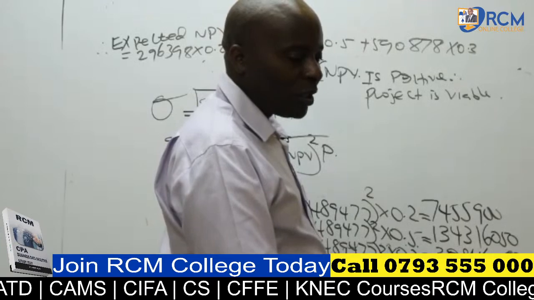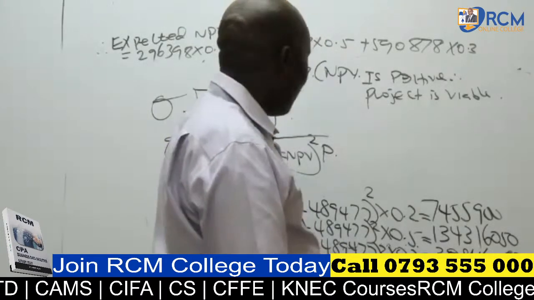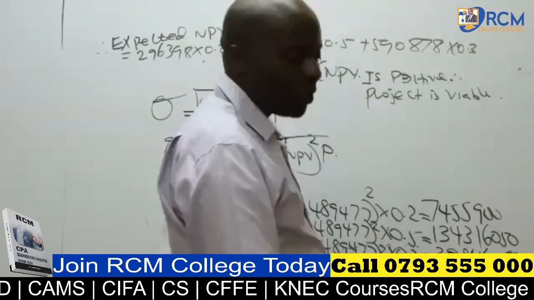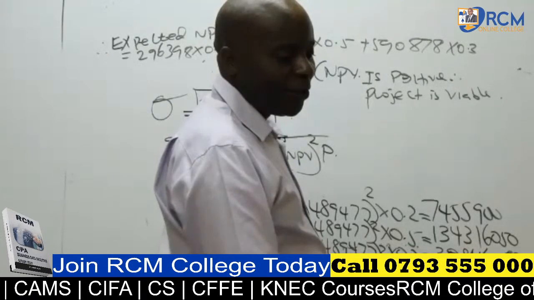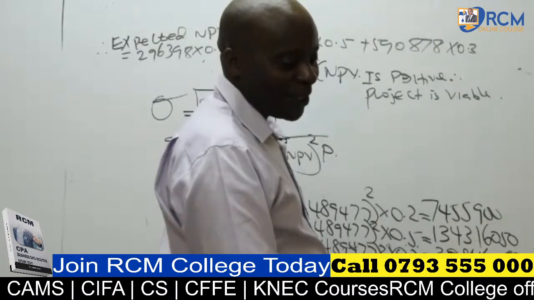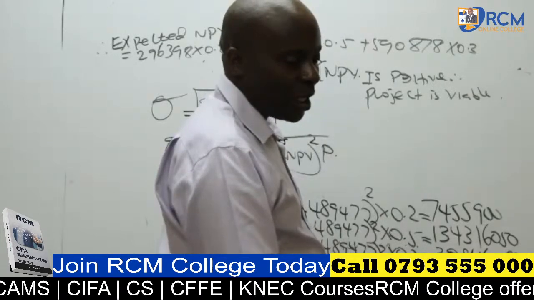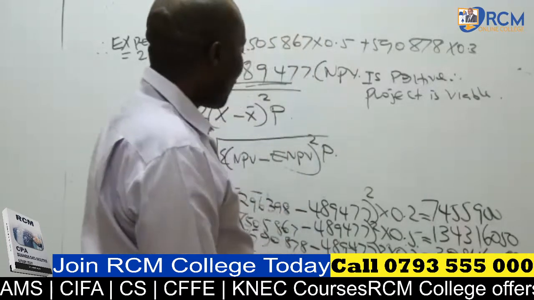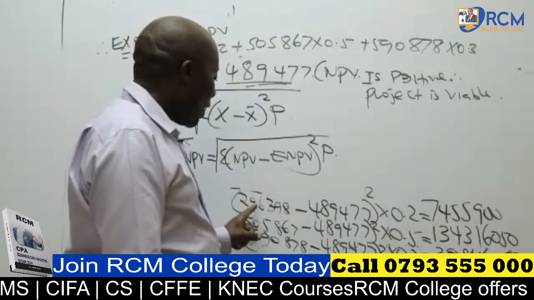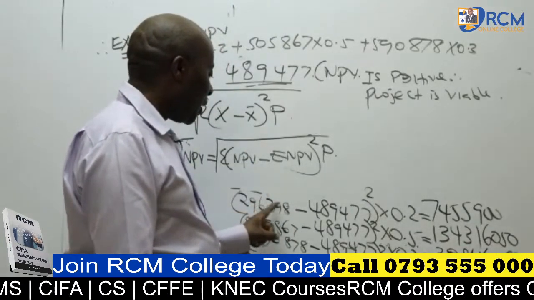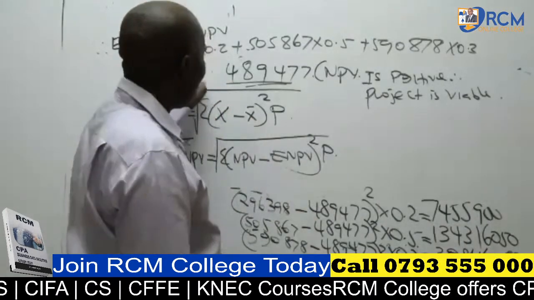Now, there's a gentleman, listen to me very well. There's a student here called John Kamau, who is asking, Mwalimu, a good question here, and I would want you to help me answer this question. This good gentleman called John Kamau is asking, why do you not take 296,398 minus expected NPV for the first one, right?